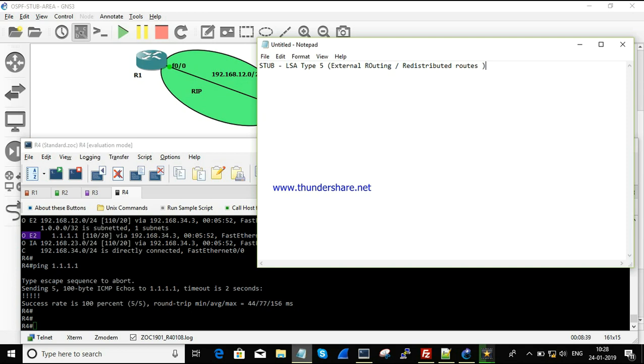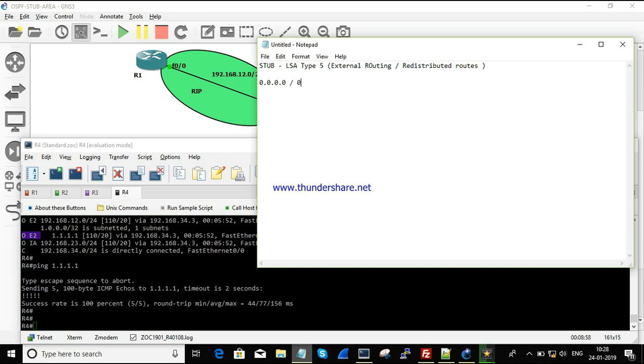Then how can we reach the other routing information? The interesting fact over here is that it will generate a default route instead. We will look into how it is created in the lab scenario.